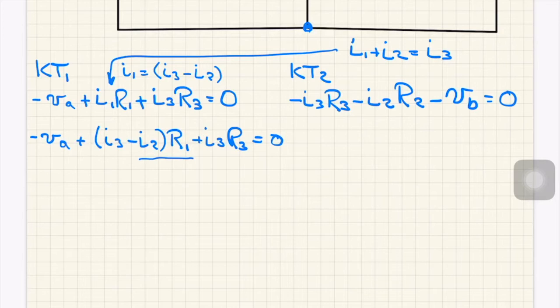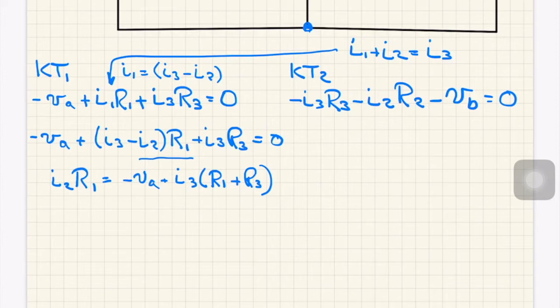If I2 moves over to the right-hand side and then I swap the whole thing over, then I can say I2 times R1, that's the term I just got from above there, is going to be equal to, and now all these other terms have stayed on this side, essentially. And so here I'm going to have the minus VA, and I'm going to have a plus I3, and it's going to be multiplied by the R1 term that I already have there, plus the R3 term. So make sure that step is clear.